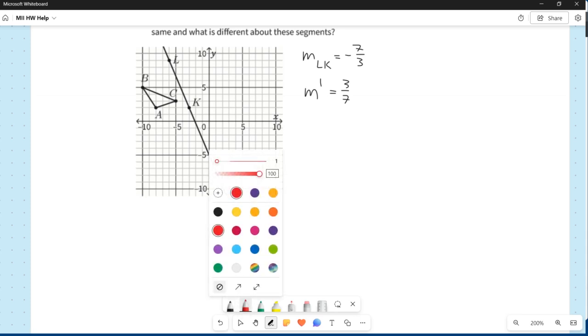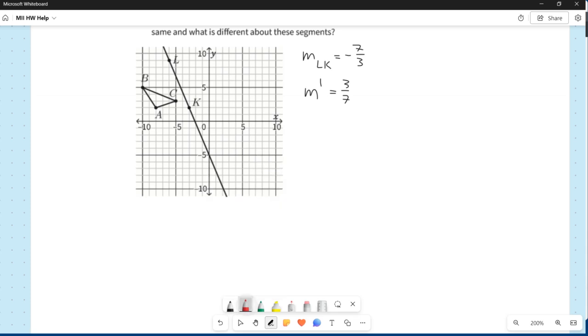So we'll start with A. From A, if I want a line with a slope of 3/7, it means I'm going to go to the right 7: 1, 2, 3, 4, 5, 6, 7, and up 3: 1, 2, 3. So that puts me right there.